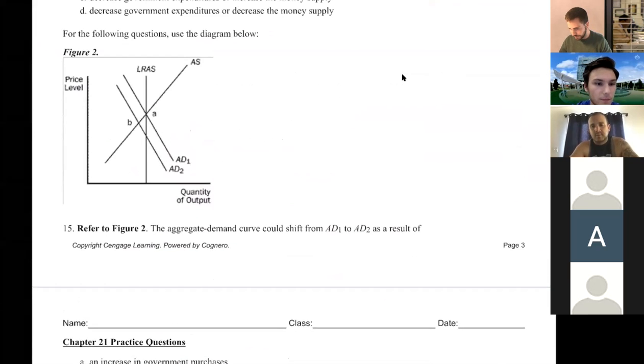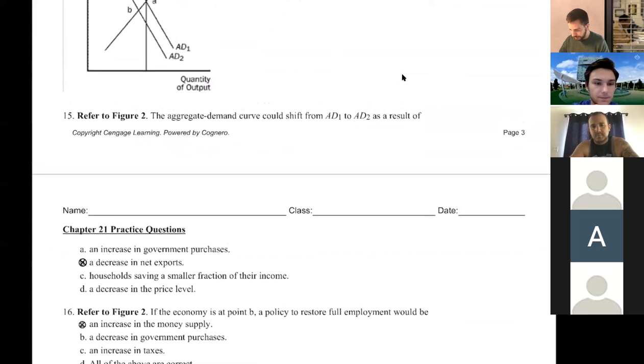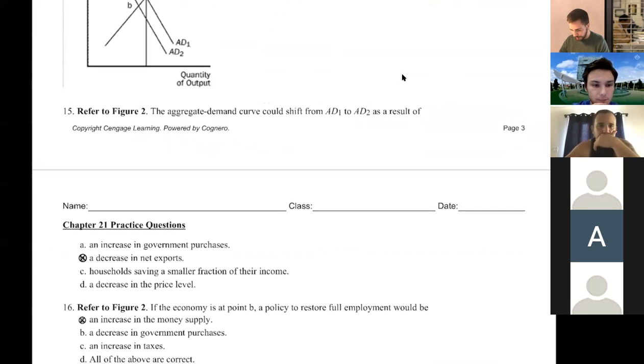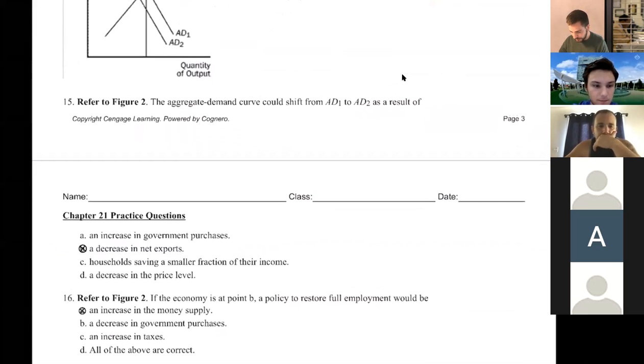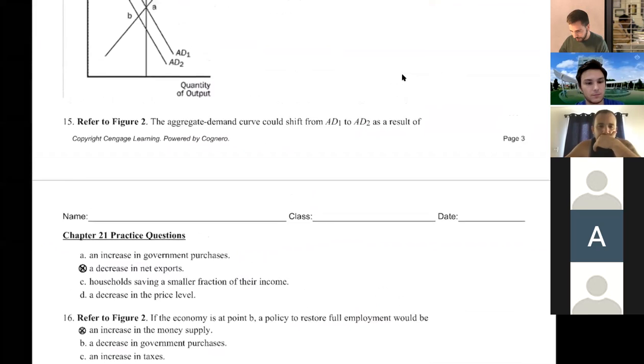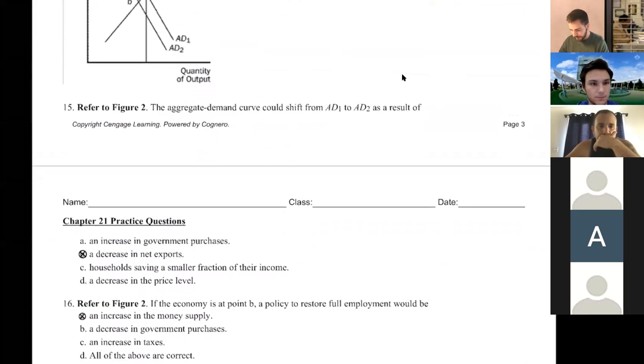To figure 2. This is again, if the economy is at point B, a policy to restore full employment would be: increase in the money supply, decrease in government purchases, an increase in taxes, or all of the above. Basically, think about it like this: increase in the money supply is expansionary policy.